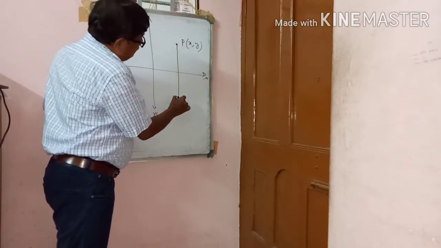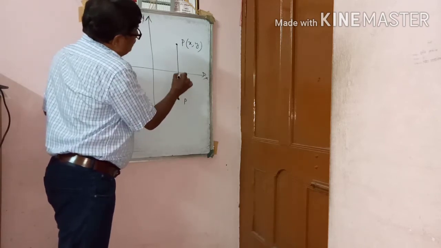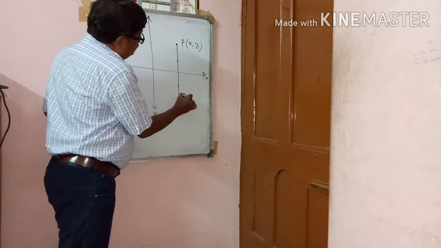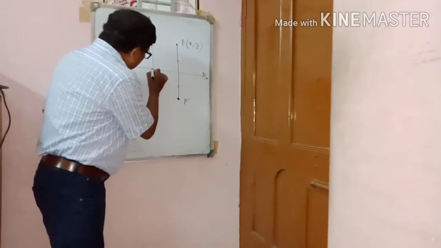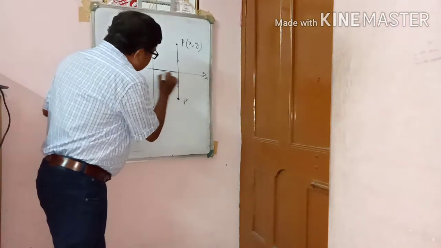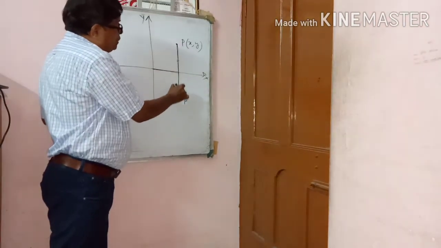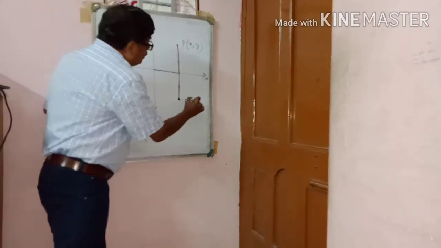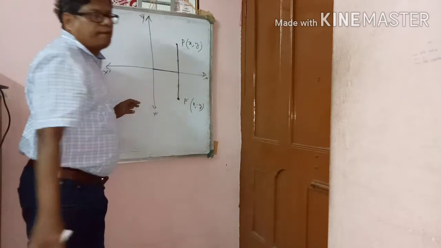This distance and this are always equal. Suppose P dashed. Then look here: the abscissa has no change, but the coordinate y will be minus y. The coordinates of P dash are x, minus y.